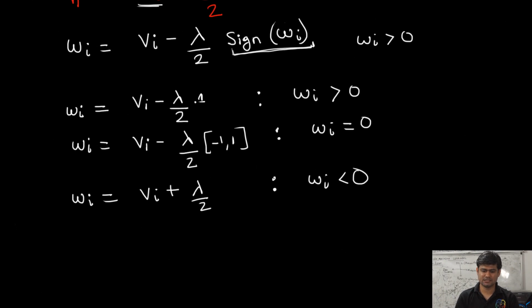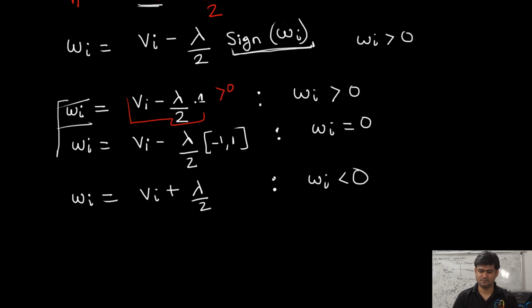So the first condition states that when w_i is greater than 0, the solution for w_i is v_i minus lambda by 2, which means that this term should also be greater than 0.